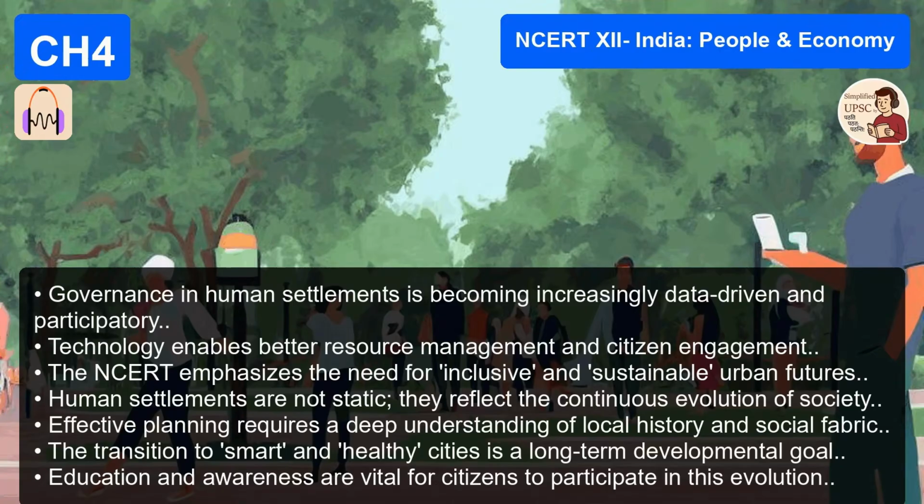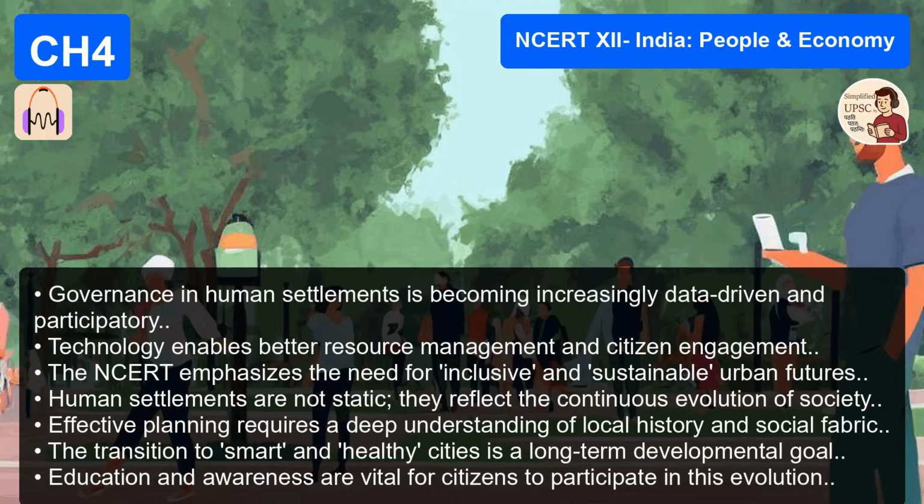We navigated the census town trap and that top-heavy hierarchy of Class I cities where everyone is crammed in. And we ended with the stark, difficult reality of the dual city, the skyscrapers and the slums of Dharavi, and how to use that concept to answer tough mains questions on smart cities and urban floods. It's a journey from the simple grouping of people to the most complex social organisms on the planet.